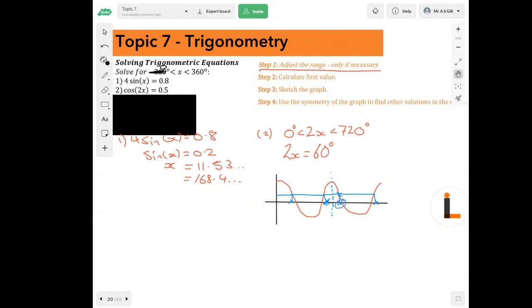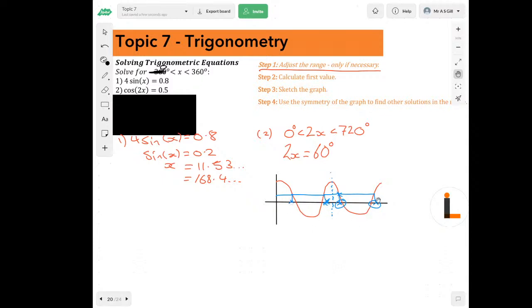And we can see that the values in the second cycle are just 360 degrees plus the first values, because it's the second cycle, right? Because it's an extra cycle. So use symmetry to work out this value here, and then the repetition of cos to work out these values. So this plus 360 will give us this one.